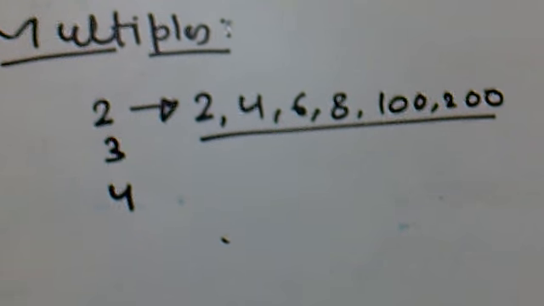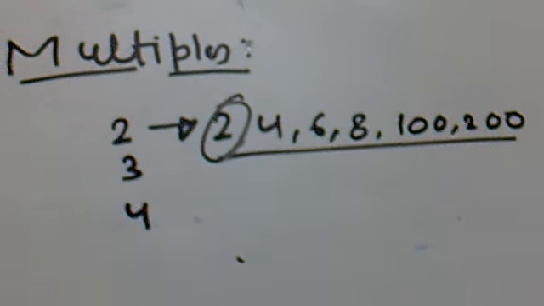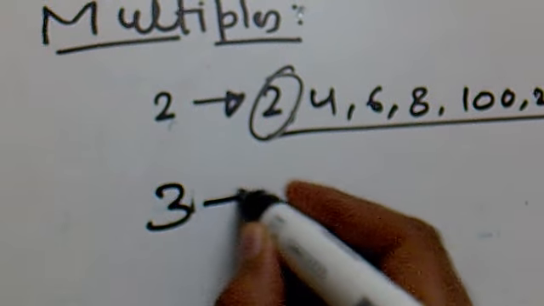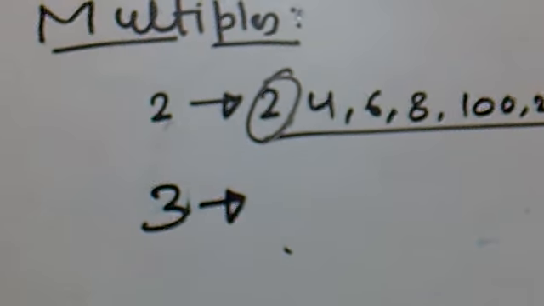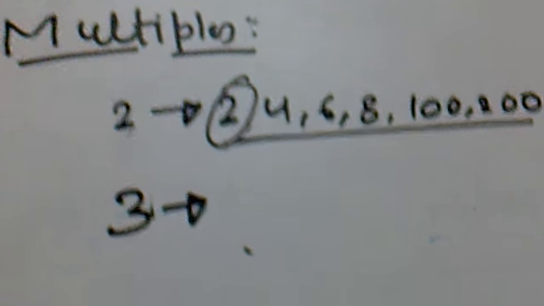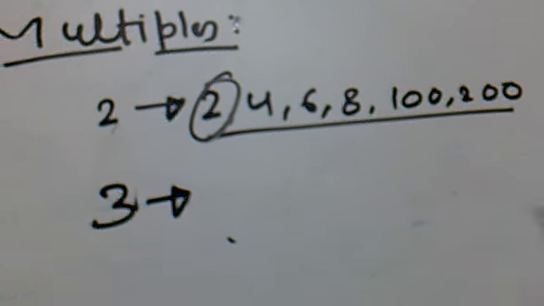So all the numbers that 2 can divide are the multiples of 2. Okay, so what is the lowest multiple of 2? Of course it is 2. And in the same way, if somebody asks us what are the multiples of 3, the numbers that 3 can divide and the remainder is 0 will be the multiples of 3.